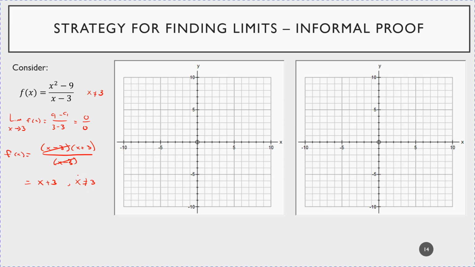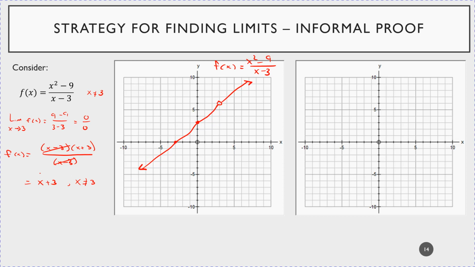So if you were to graph this, this is f of x. It would look like this. It would just have a hole in the graph here when x is equal to 3. If you were to plug this in your calculator, this is literally what you would see.